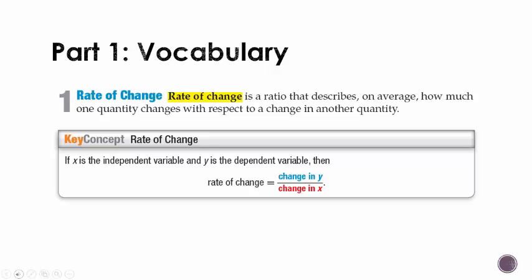So let's define what rate of change is. Rate of change is a ratio that describes, on average, how much one quantity changes with respect to a change in another quantity. So we are going to talk a lot about x's and y's. And if you remember, we said x was an independent variable and y was our dependent variable. So I want you to think of rate of change as change in y divided by change in x.